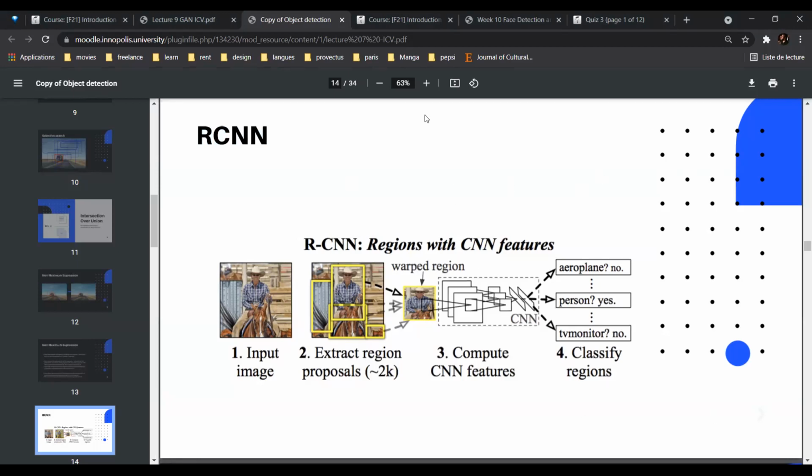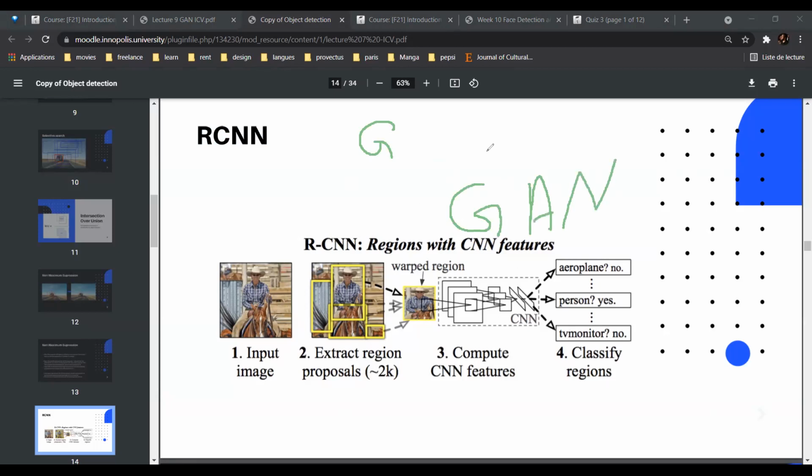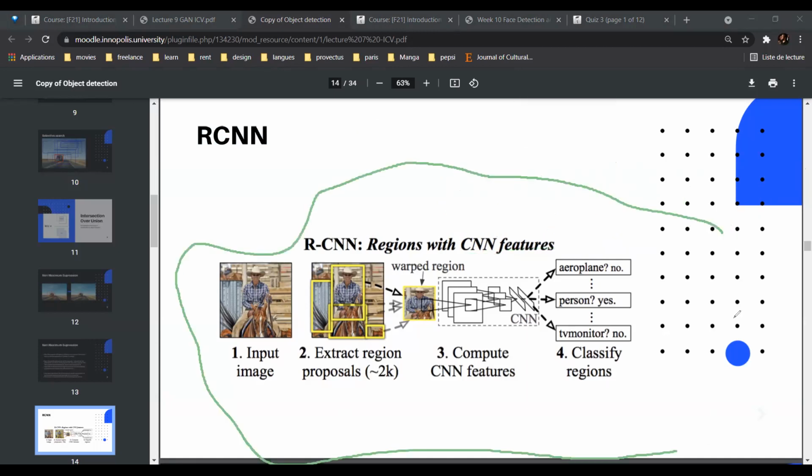So for example, if I say, is the task of generation done by the GAN? GAN is not just one network. GAN is all of the neural network, the generator plus the discriminator, right? So RCNN is all of this, including selective search.